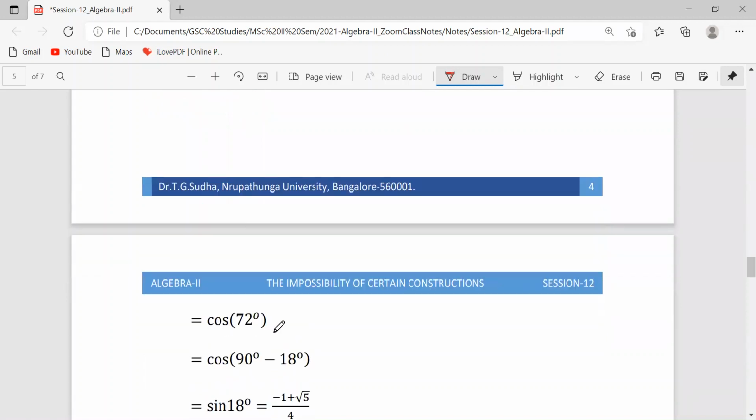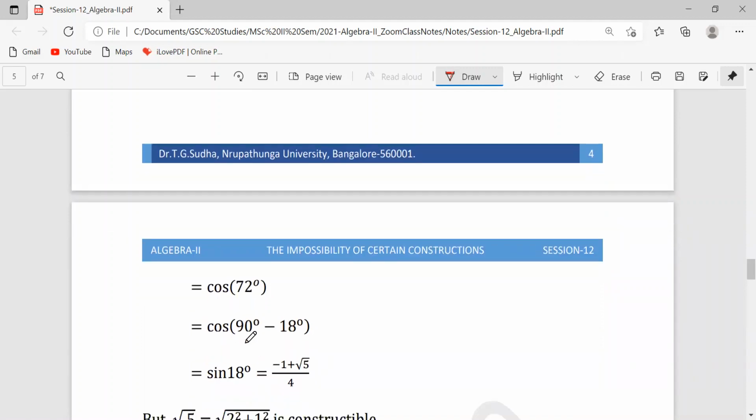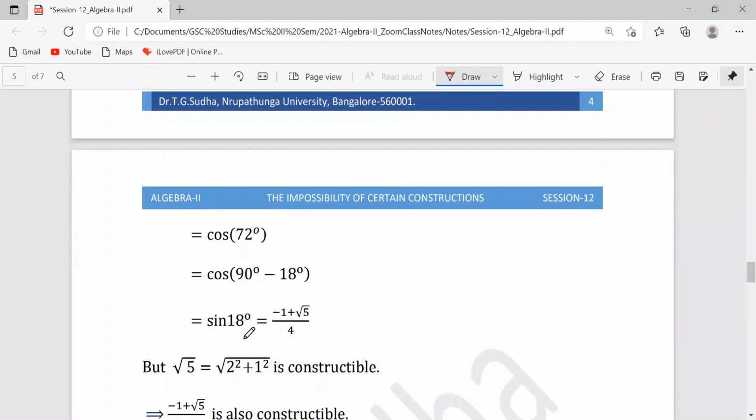And this cos 72 can be expressed as cos of 90 minus 18. And we know that cos of 90 minus theta is sine theta. Therefore, we get sine 18 degrees. So once again, even here you can consider either cosine or sine angle. If you take cosine in the beginning, later on you are going to get cos 18, but you must know the value of cos 18.